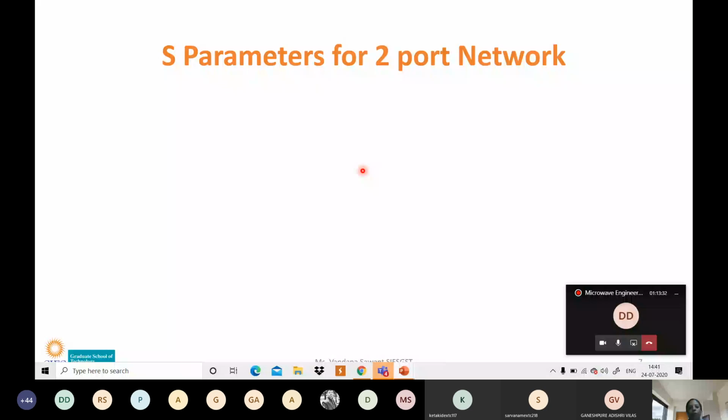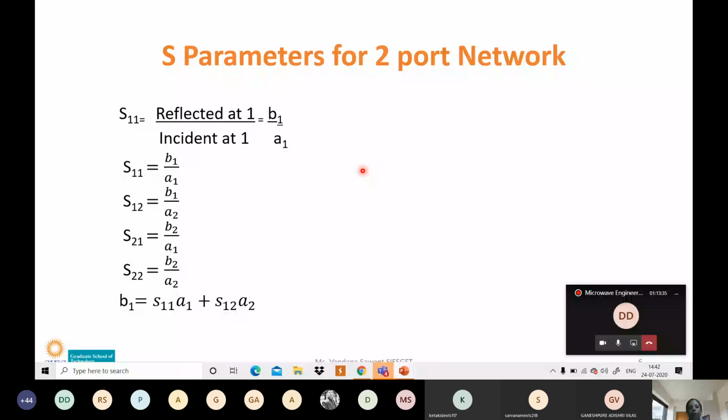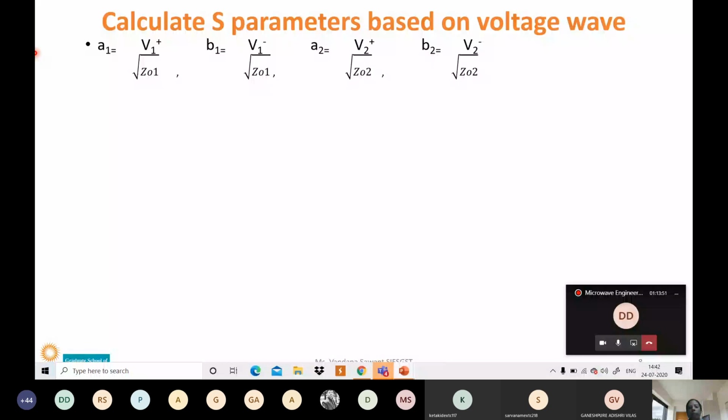Then by putting the values of B1 and A1, or B1 and A2, in these equations, we can calculate the S parameter in terms of the voltages. Okay, so we already wrote this equation in your notebook. You wrote it, no? So write down the heading: calculate S parameter based on a voltage wave.